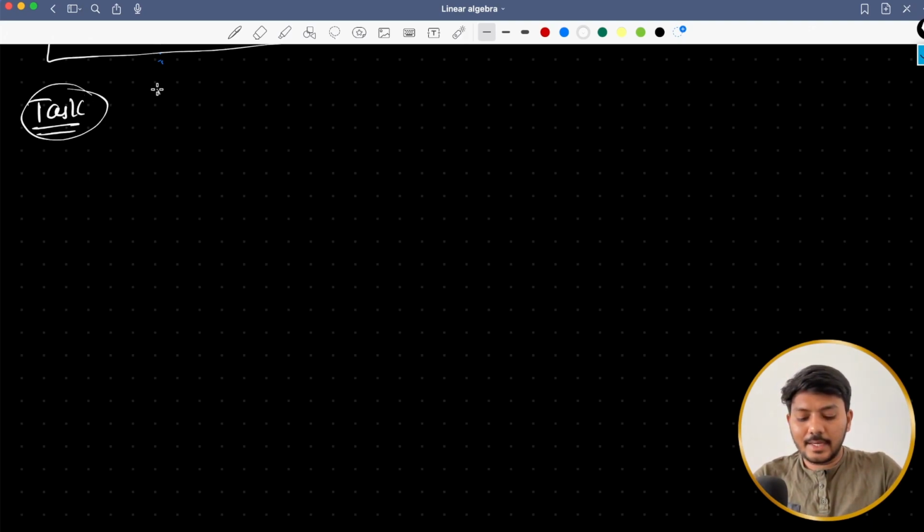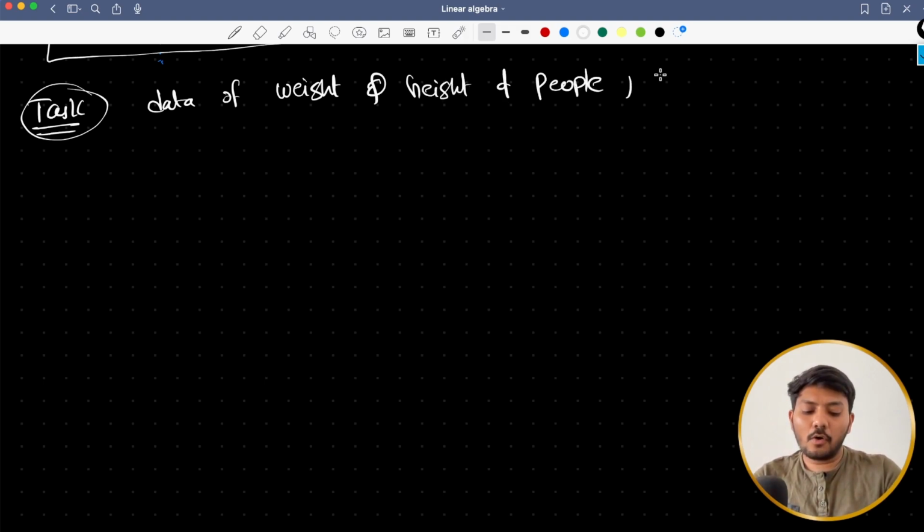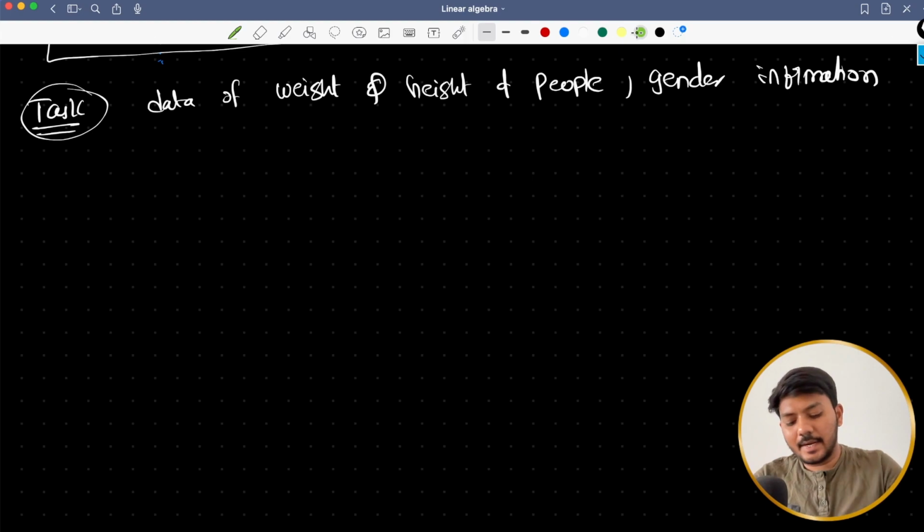So let's have a task like this. We have the data of weight and height of people, and we also have the gender information. So let's create the data point like this. We have height, weight, and gender.